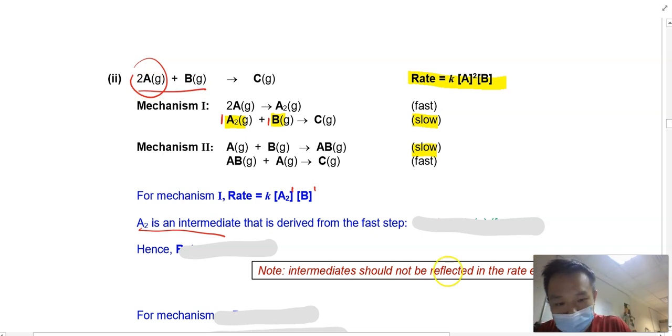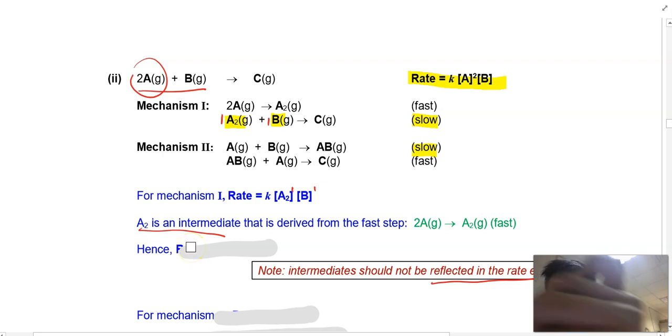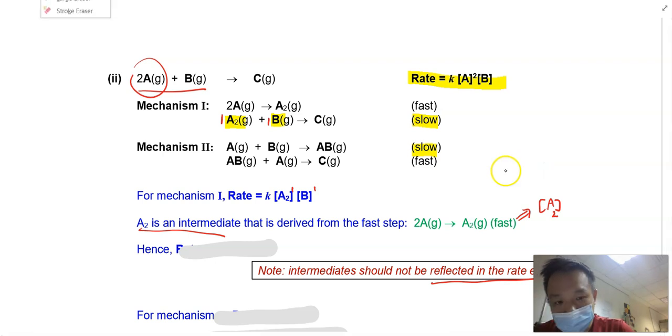Intermediates cannot be reflected in the rate equation. So how is A2 formed? A2 is formed from the first step, which involves 2A, and from this we can say that the concentration of A2, sorry, let me rewrite that.